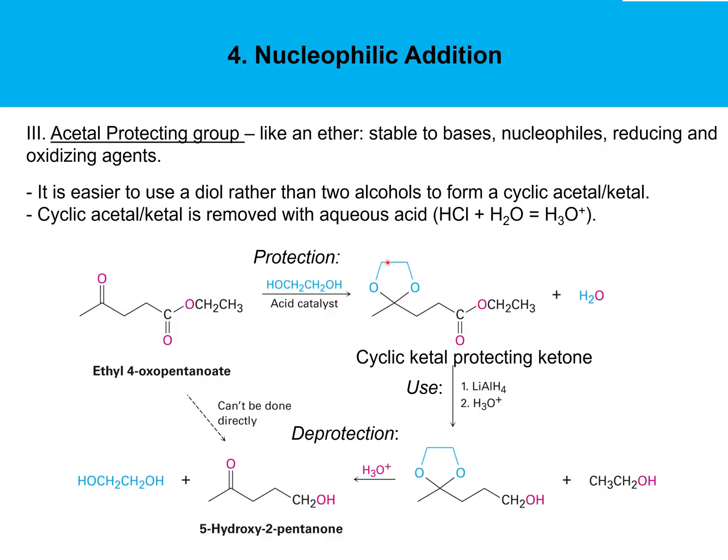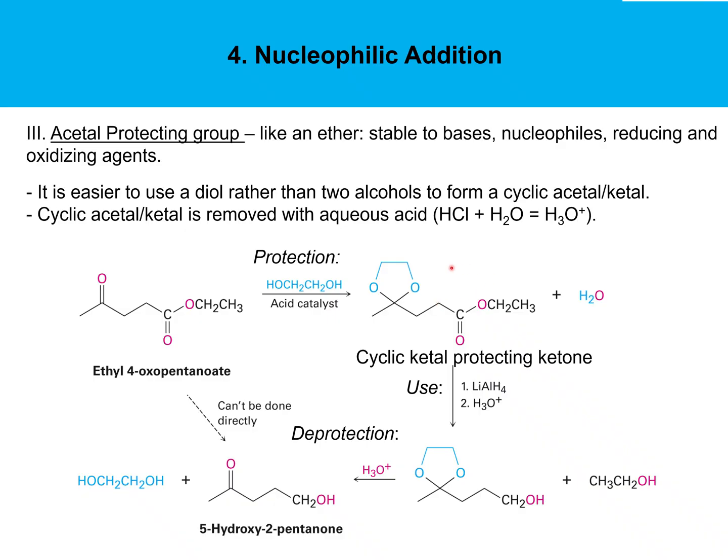So the acetal will also have 2 carbons, and they're attached to each other, making a 5-member ring to the carbonyl carbon that used to be there. A byproduct of this reaction will be water. And so this reaction, just like any acetal formation, is reversible. If we wanted to remove the acetal protecting group, we can do it with the aqueous acid.